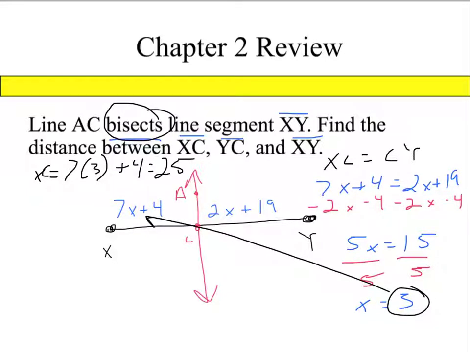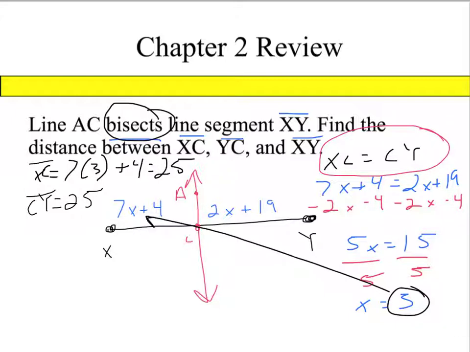At the same time, I have also found CY, or YC. Notice in that very first statement, XC is going to equal CY. We don't have to re-plug in that 3 for CY. So we know that CY is automatically 25 because they are the same.